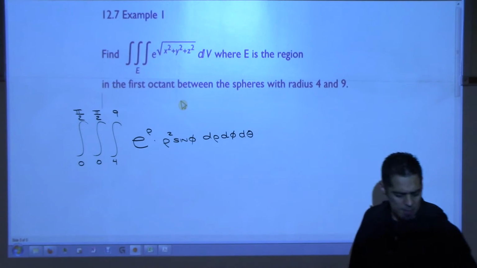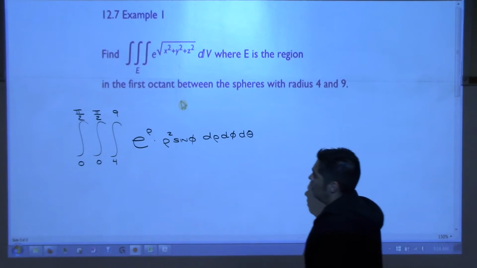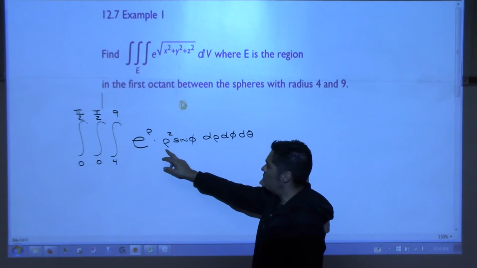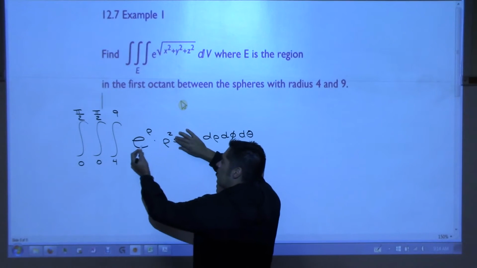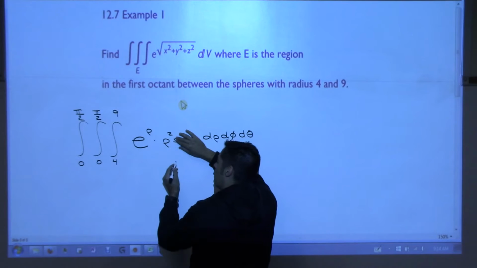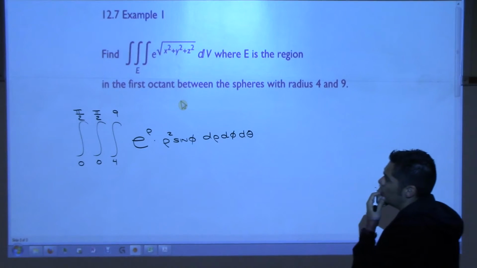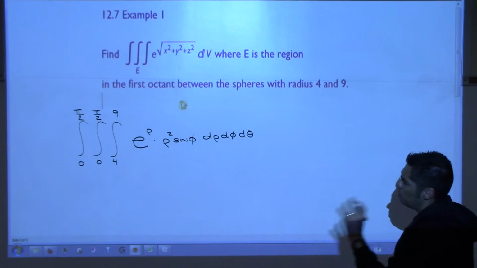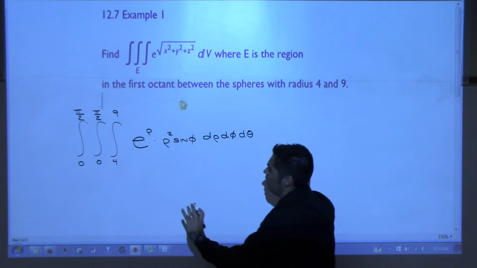All right, if I was going to do this, I'd first integrate with respect to rho. Remember, sine phi is going to be a constant here. I need to integrate e to the rho times rho squared, and to do that, I'm going to use integration by parts. I think at this point I'll leave you to take it the rest of the way, because we've done triple integrals already.